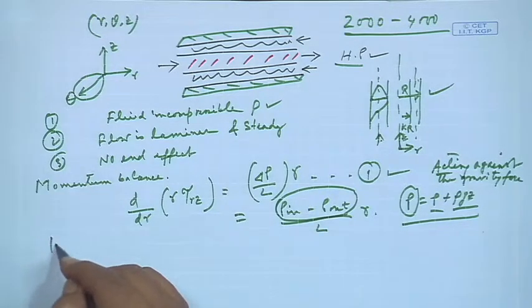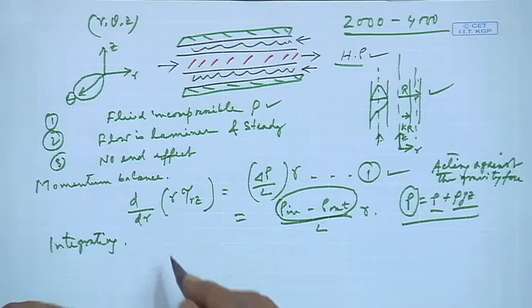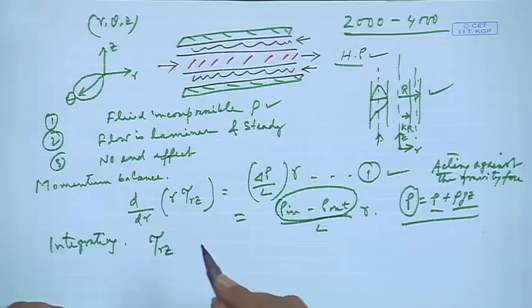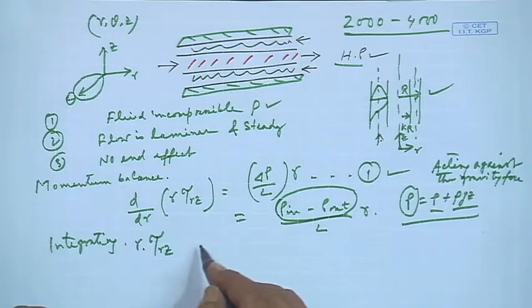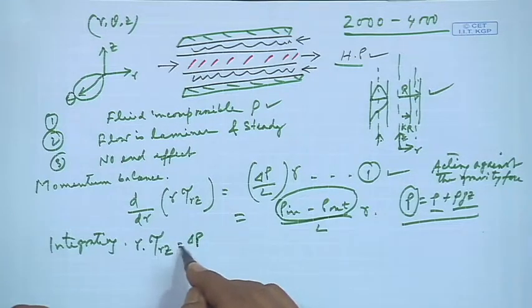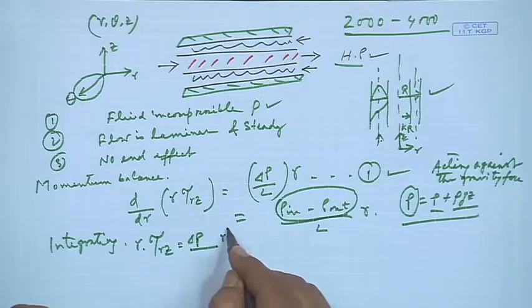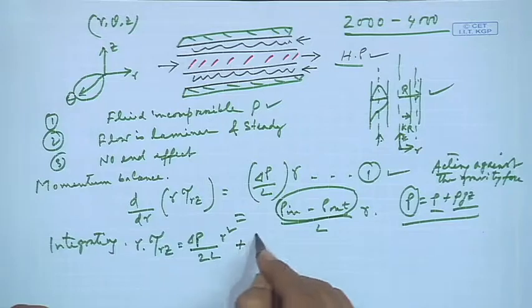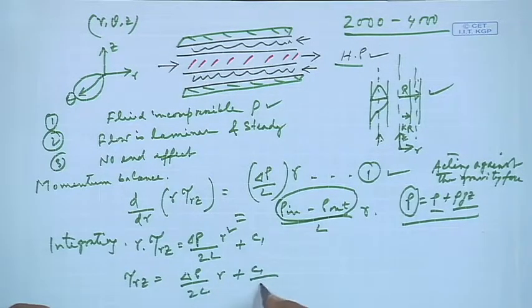Now, if we integrate and rewrite, we get r tau r z equals delta p over 2l times r squared plus C, and on rewriting we can say tau r z is equal to delta p by 2l into r plus C1 by r.